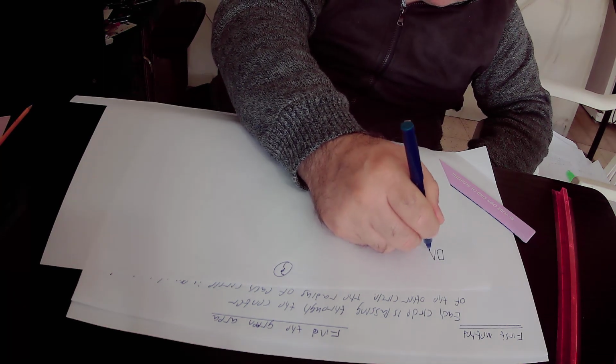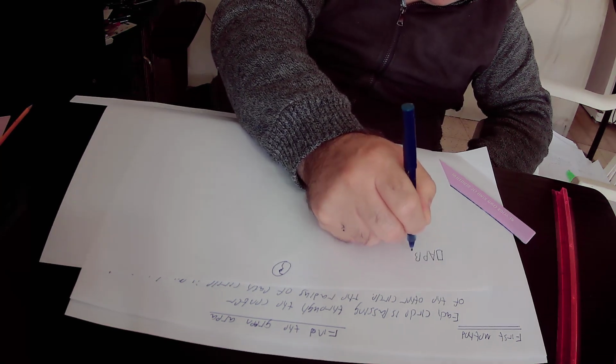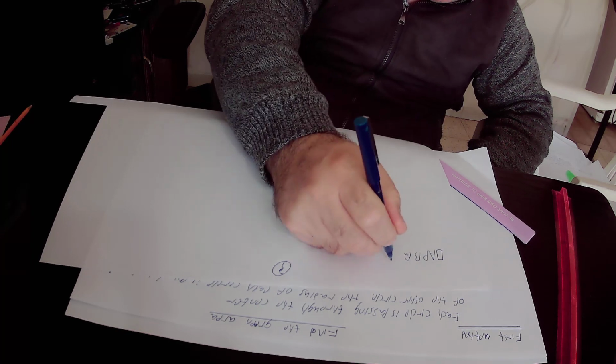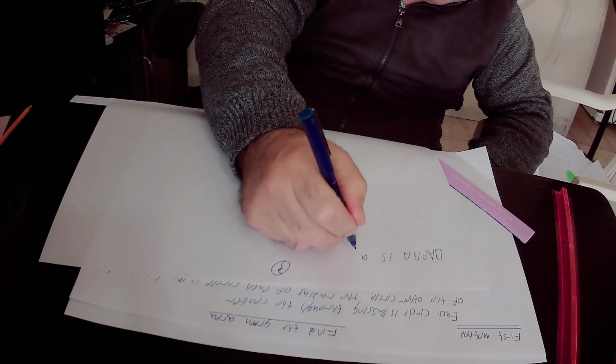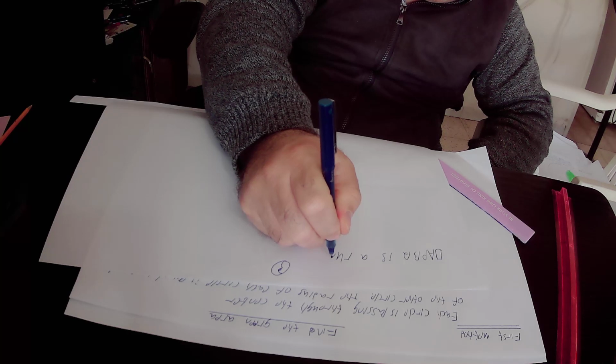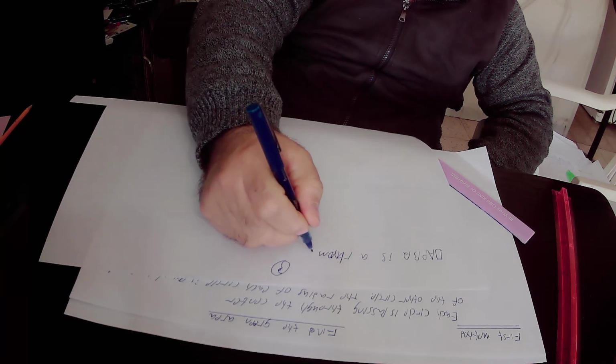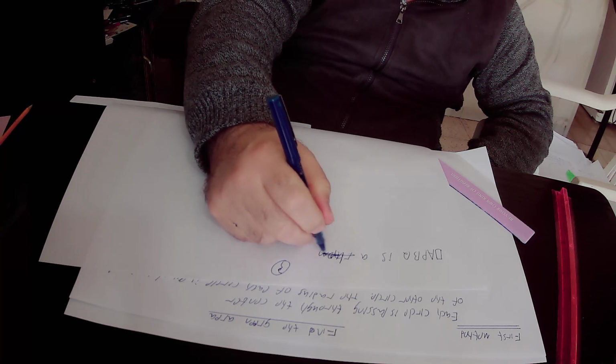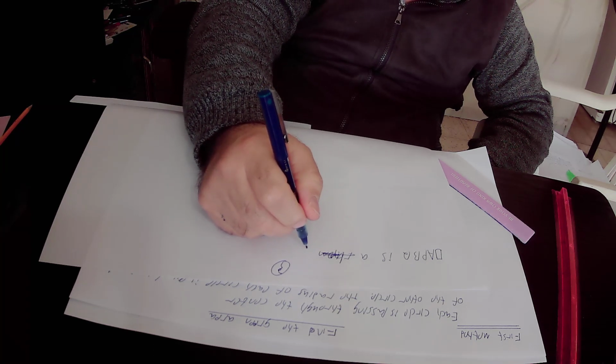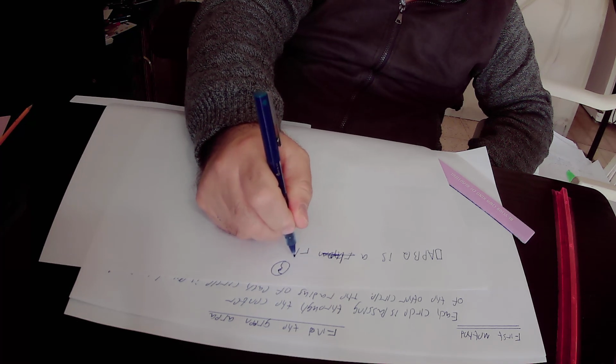Quadrilateral APBQ is a rhombus. A rhombus is a quadrilateral that has 4 equal sides. So quadrilateral APBQ is a rhombus.